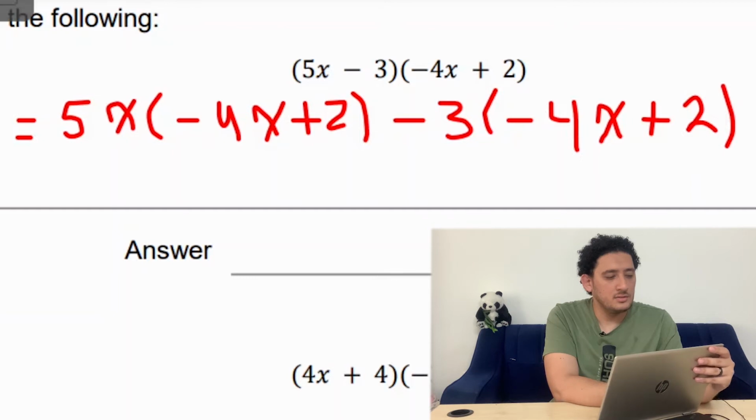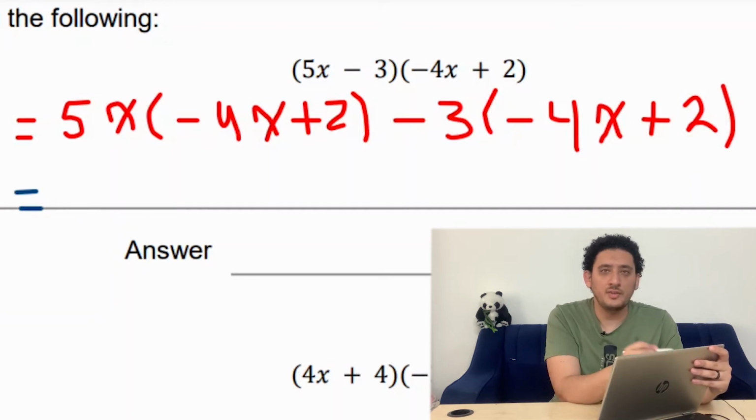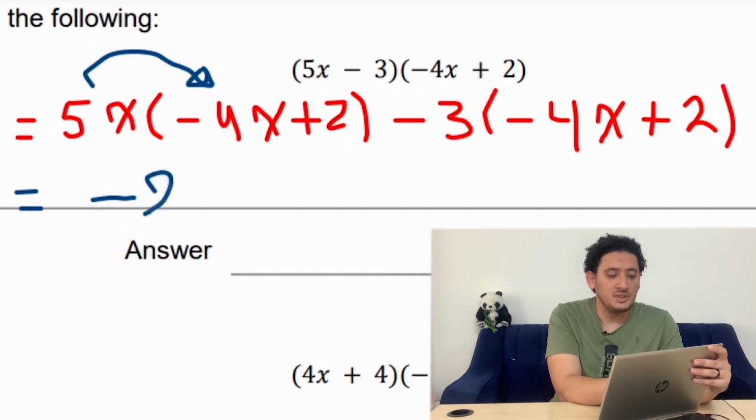Now it is the turn of expanding. 5x will be multiplied by negative 4x. It means negative 20x squared.